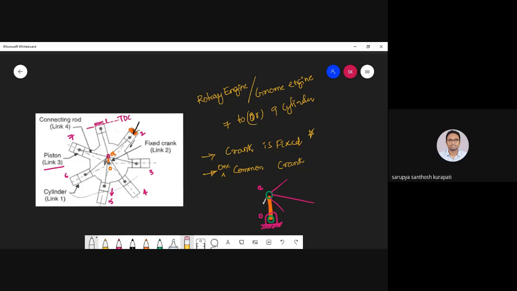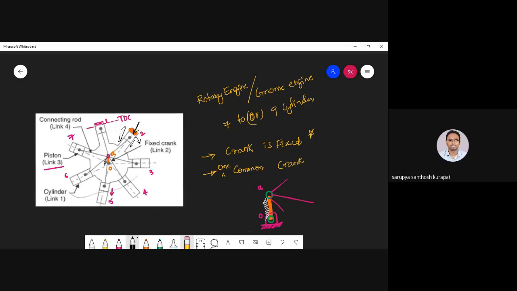So here I'm just drawing. The crank got fixed. When the crank is fixed, obviously the crank is not going to move. So my coupler has to transmit some force, but the other end, which is connected to the slider, has only one option: the slider is going to slide as well as apply some force on the cylinder.